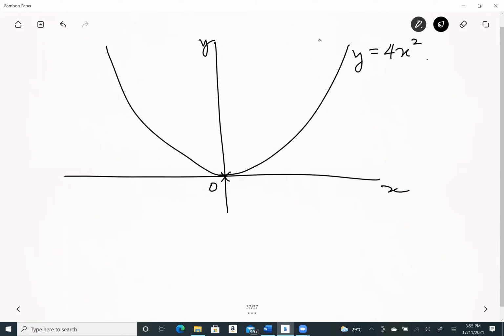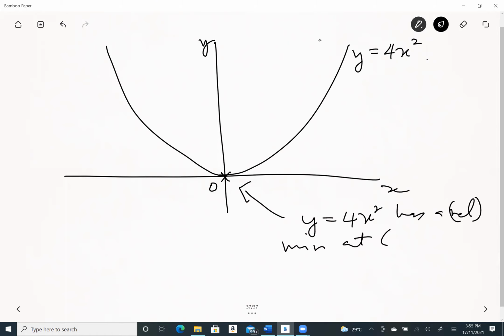What can you say about that point? Y equal to 4x squared has a relative minimum at 0, 0. You don't have to put the relative, it's okay. You just sketch the graph. And for the argument's sake, why is it a minimum?